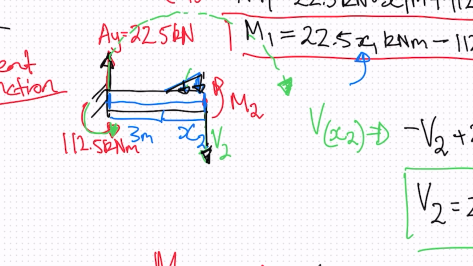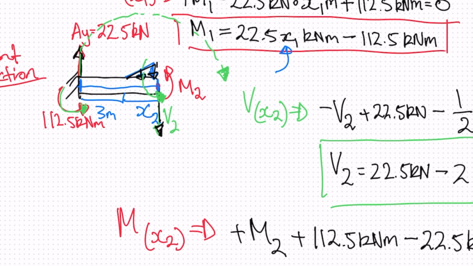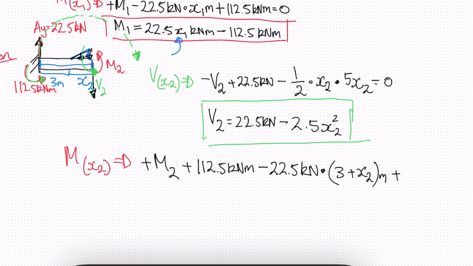Finally, we have our moment from our load. It'll be acting in this direction, so it will be a positive moment. It's acting in the anti-clockwise direction. And we know our force. This is in kilonewtons, and we know what this triangle will be as a function of x2. So this force we can write as 2.5 x2 squared.